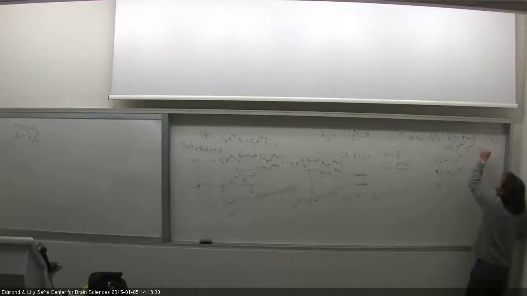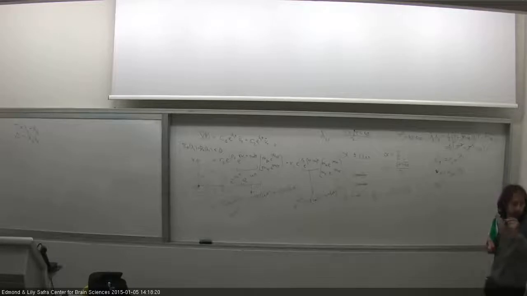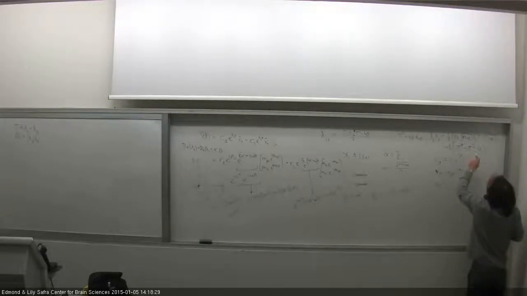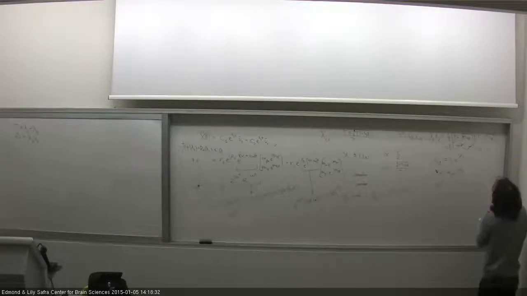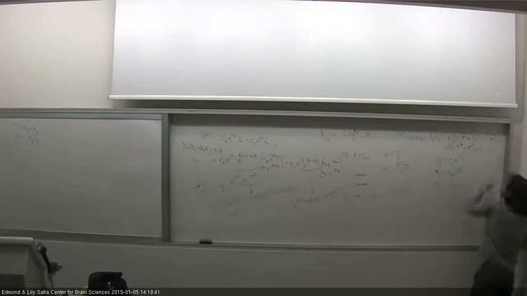This cancels. Plus. Wait a minute. Where do I get the plus from? Minus. Look at the parentheses. Plus 4? Oh, yeah. Right. Sorry. So this is delta.